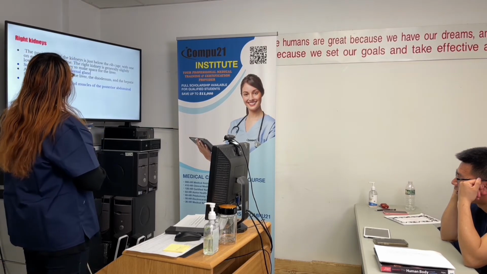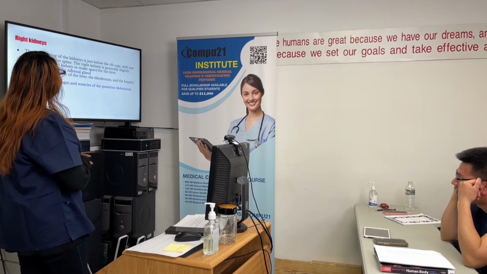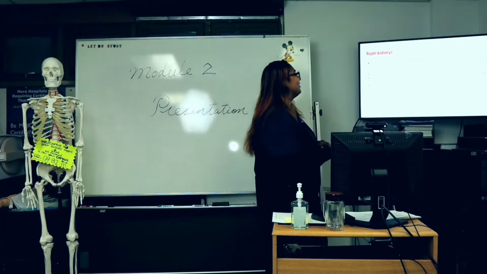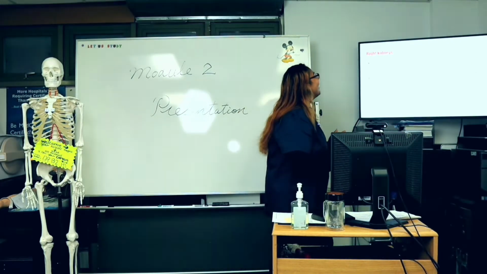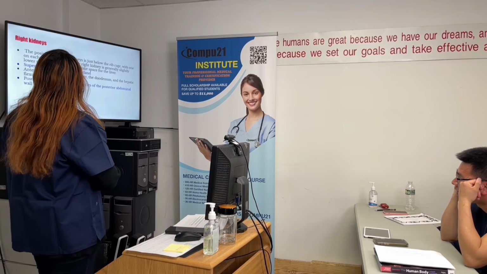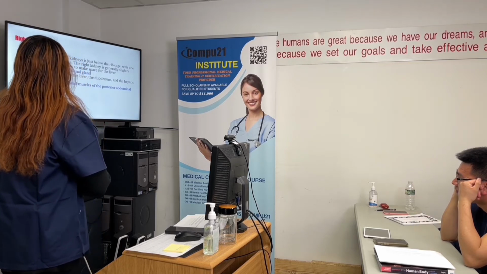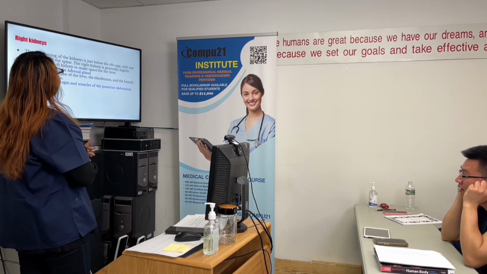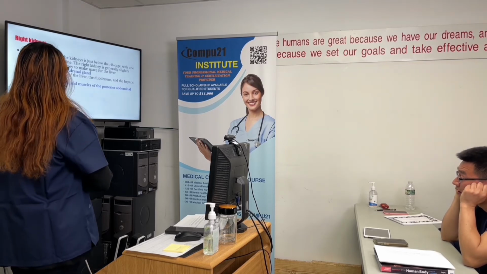Anteriorly are the right lobe of the liver, the duodenum, and the hepatic flexure of the colon. Posteriorly are the diaphragm and the muscles of the posterior abdominal wall.